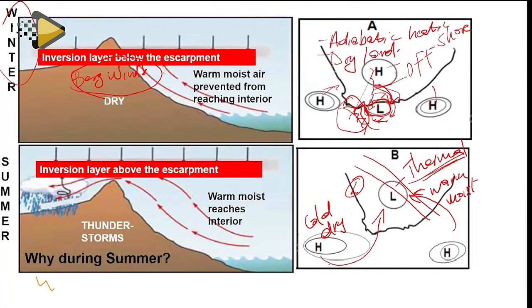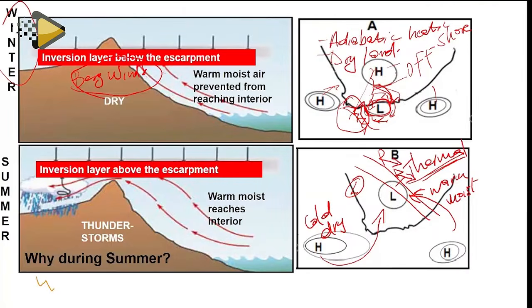When they move into the land, the cold and dry air is going to undercut the warm, moist air and force the warm, moist air to rise higher in the atmosphere. And this air is going to rise rapidly.